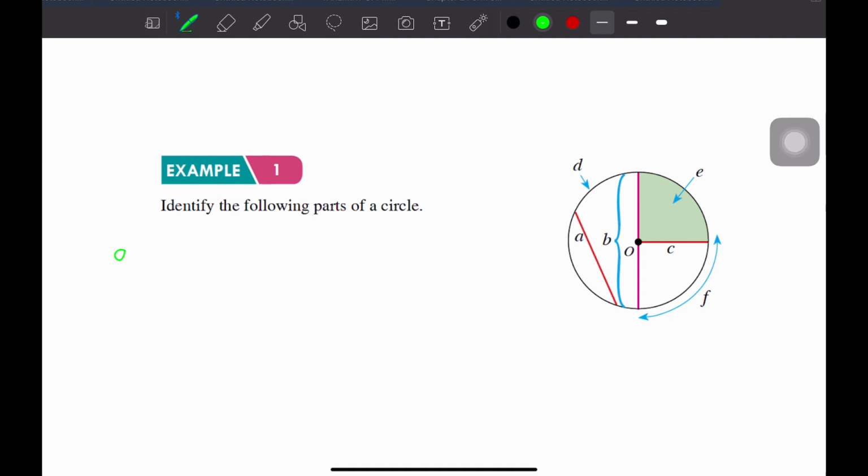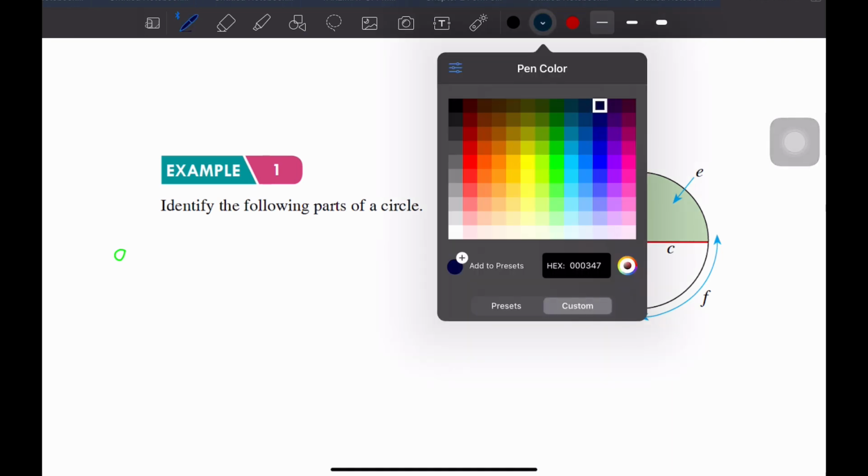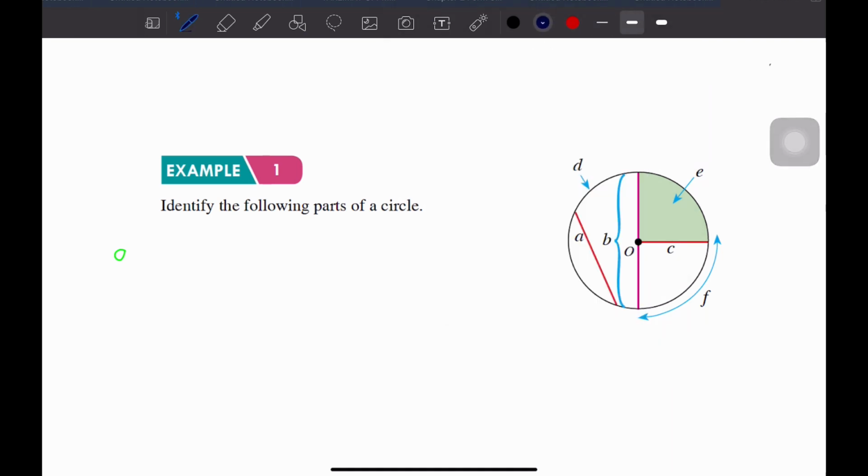A, let's use blue. So where is A? This is A. So there is a straight line that connects 2 points on the circumference. So A is what we call as chord.